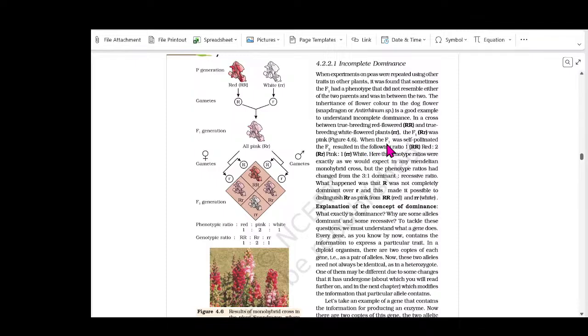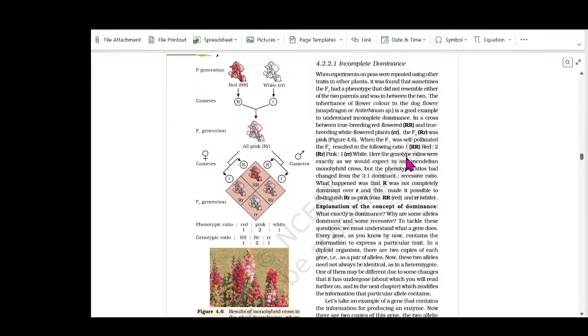When the F1 was self-pollinated, the F2 resulted in the following ratio: 1 was red (RR), 2 were pink (Rr), and 1 was white with the genotype rr.